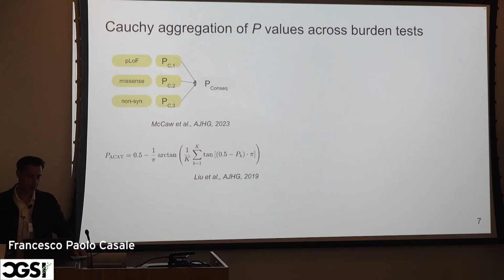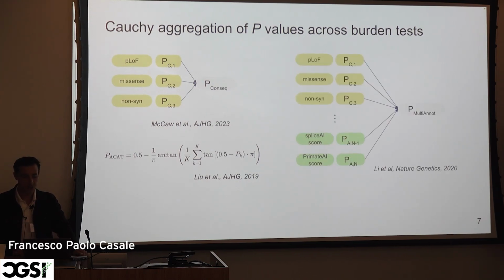This is an example where you perform a test for putative loss of function, damaging missense, and other non-synonymous variants, and then merge these three into a single test. And of course, you can use the same type of strategy looking at a larger number of annotations, where you also consider these in silico mutagenesis scores from models such as SpliceAI or PrimateAI.